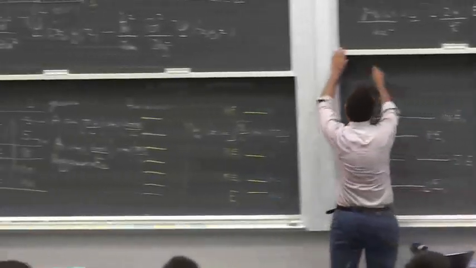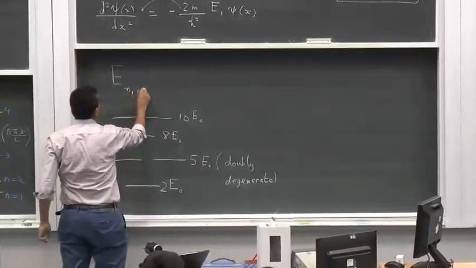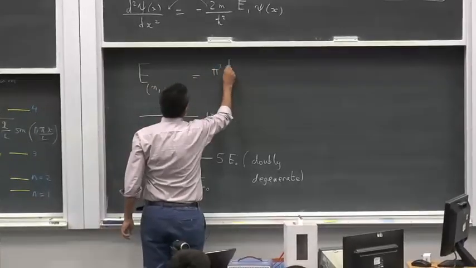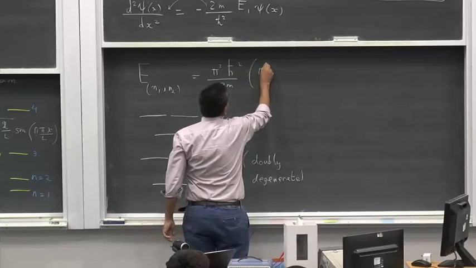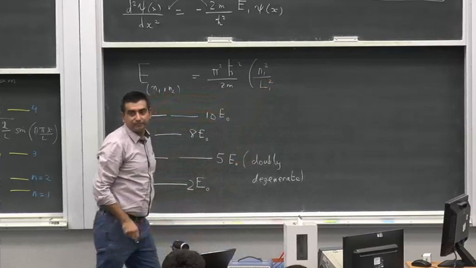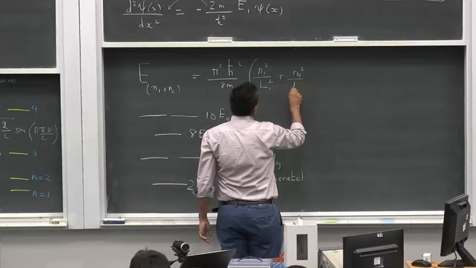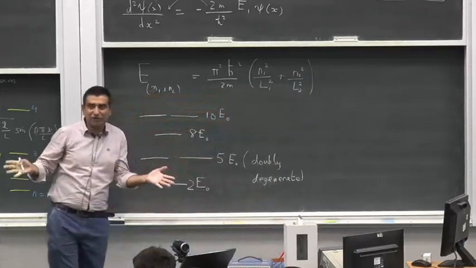The energy for this rectangular well is once again a function of n1 and n2. It's going to be pi squared h bar squared over 2m times n1 squared over L1 squared plus n2 squared over L2 squared. That's only what's going to happen.